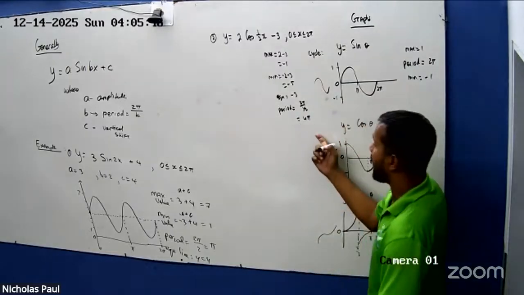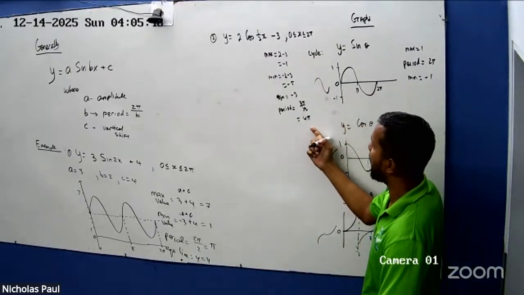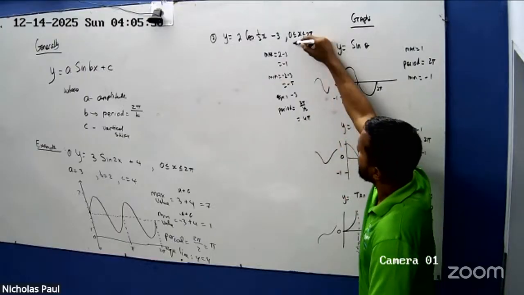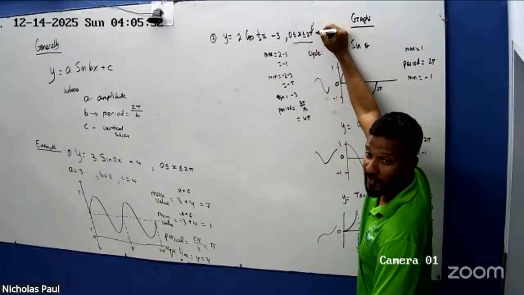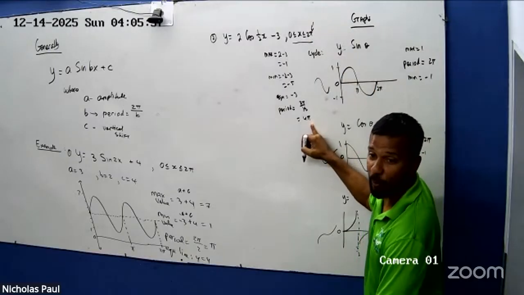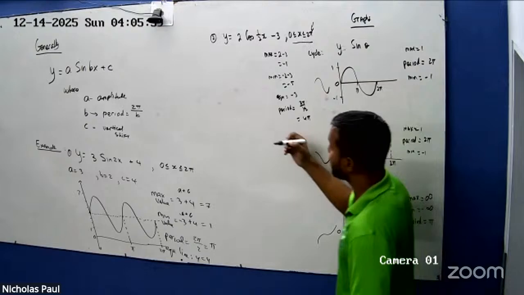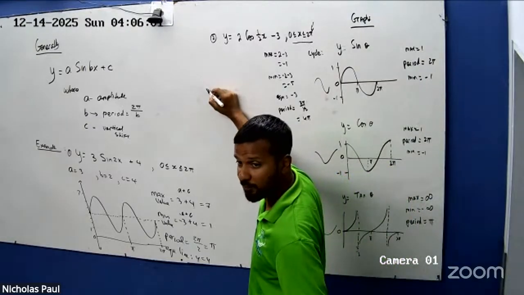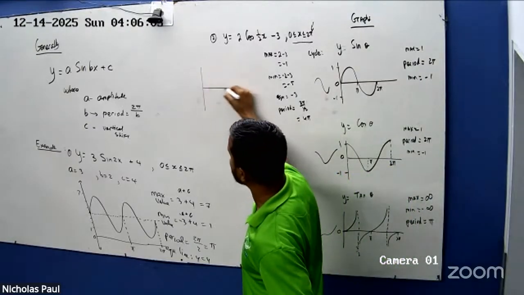Right, so I am not interested in what happens after 2 pi, because the domain I give you is from 0 to 2 pi. So I don't want the whole cycle, I only want a half cycle.